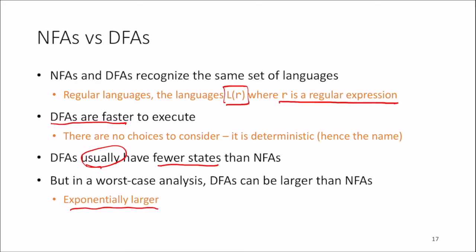Or maybe sometimes if the DFA gets exponentially larger, maybe it's better to use the NFA. So there are going to be some trade-offs, and that's why it's useful to learn about both NFAs and DFAs in order to implement matching in regular expressions.